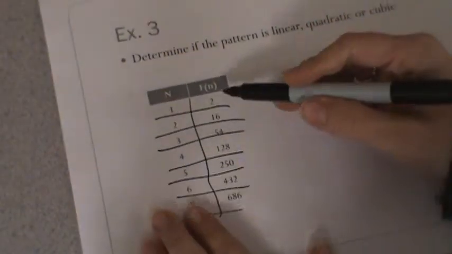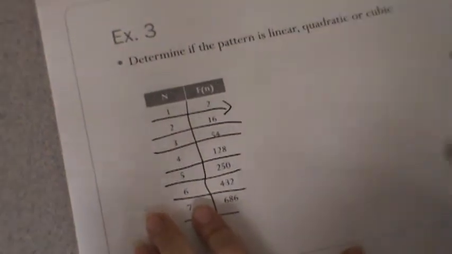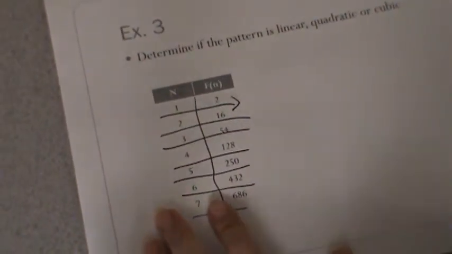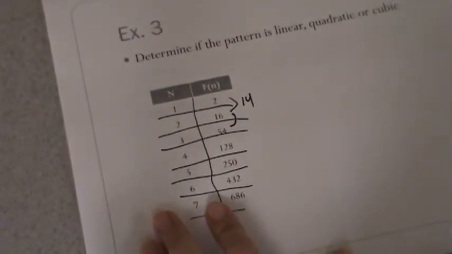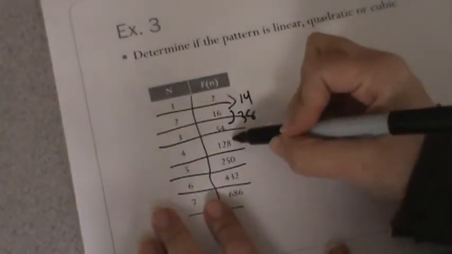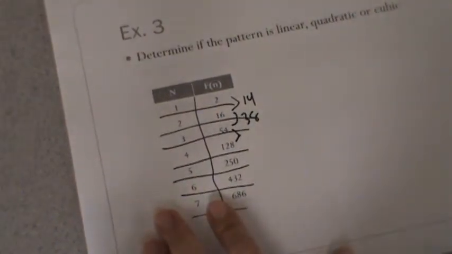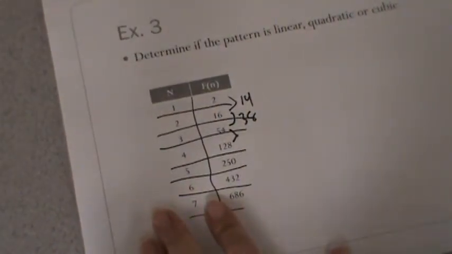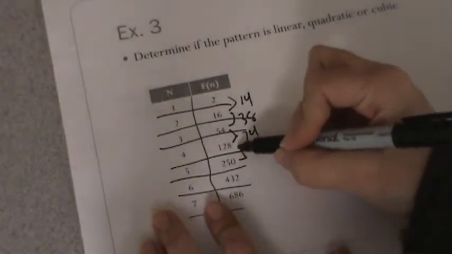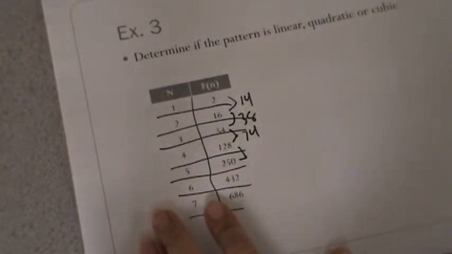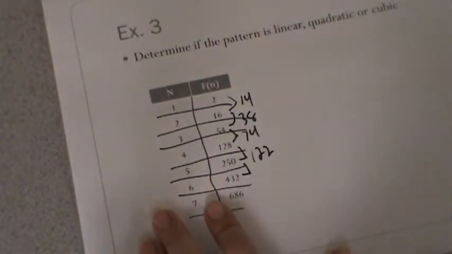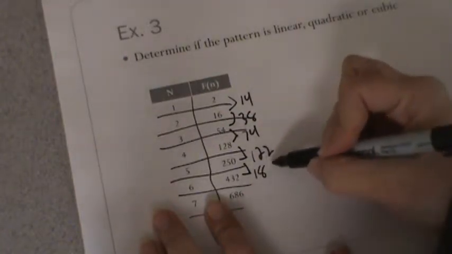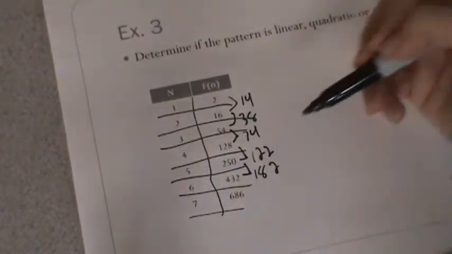So I can see, obviously, I don't keep adding a number, but I'm going to go ahead and do 16 minus 2, which would give me 14, 54 minus 16, which would give me 38. 128 minus 54 is 74. 250 minus 128 is 122. 432 minus 250 would give me 182. So those are not the same. If those were the same, it would be linear.